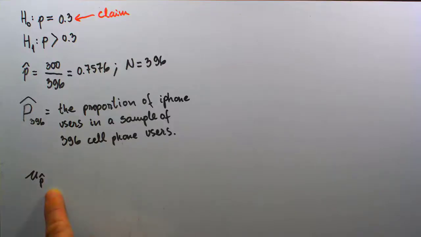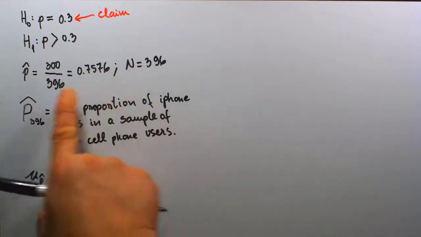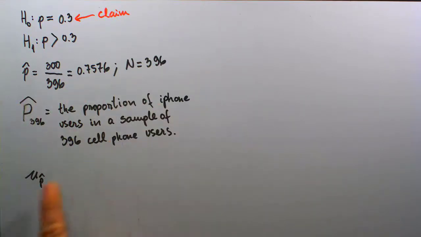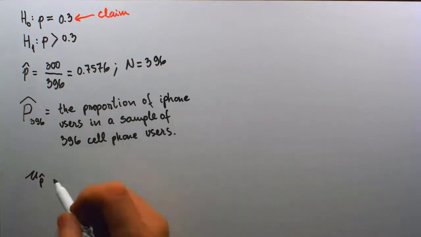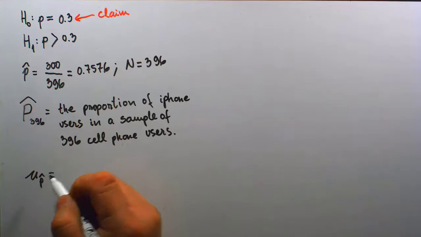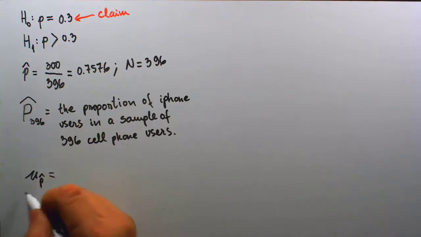Recall that the entire distribution of all sample proportion values is a population. That's why this average of all sample proportion values is a population mean value. But at this point, we don't know what mu p hat is.